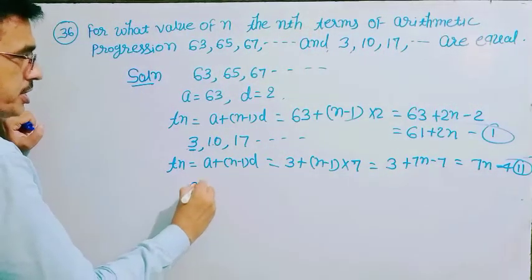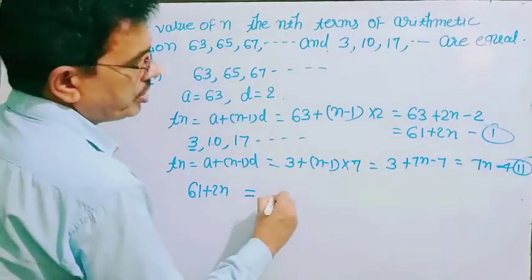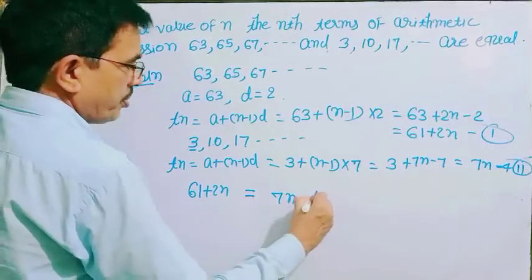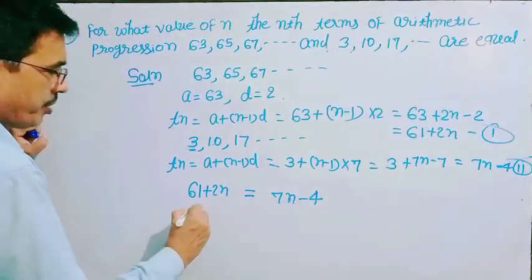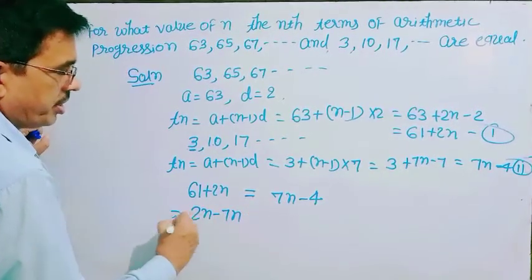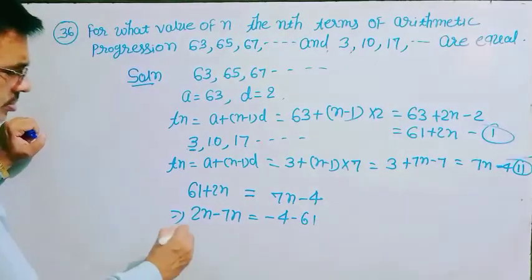From your question, both are equal. So you can write 61 plus 2n is equal to 7n minus 4. So what do you get? You get 2n minus 7n is equal to minus 4 minus 61.